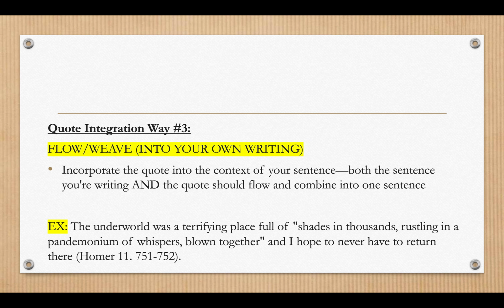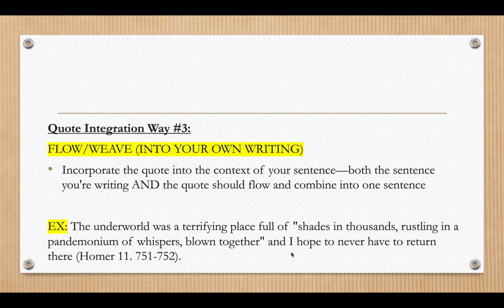Now, I want you to think about this. At any point, did I stop or hiccup or break up what I was saying in order to read my quote right here? I didn't. Whereas with the last example, where it says "Pollan urges," comma, right? Or "the author says that," right?